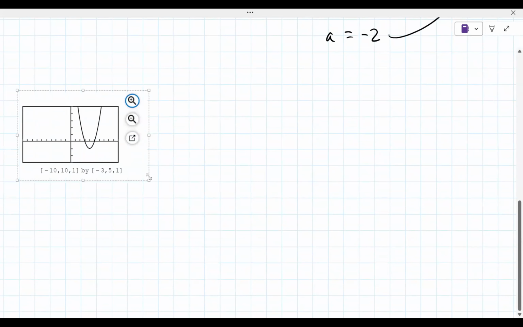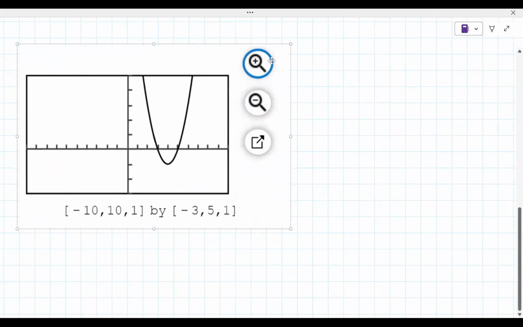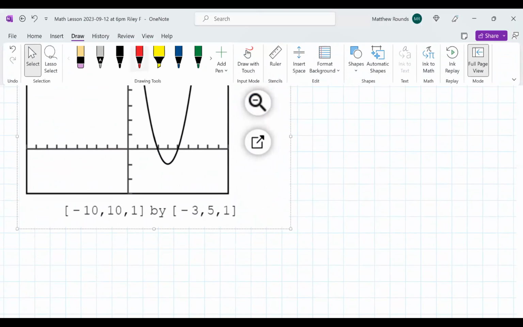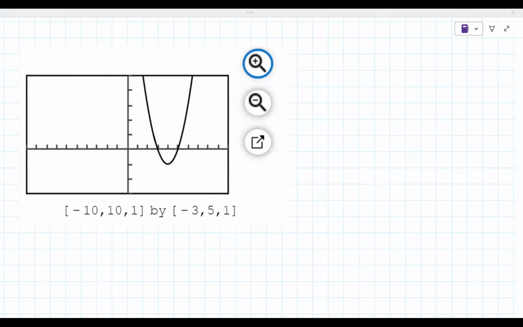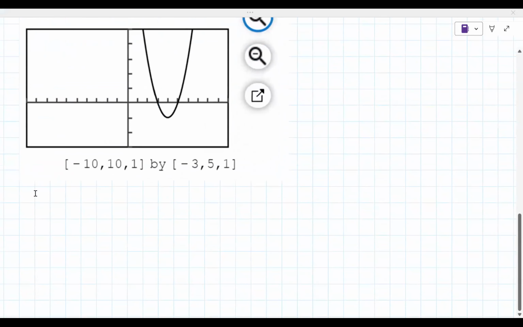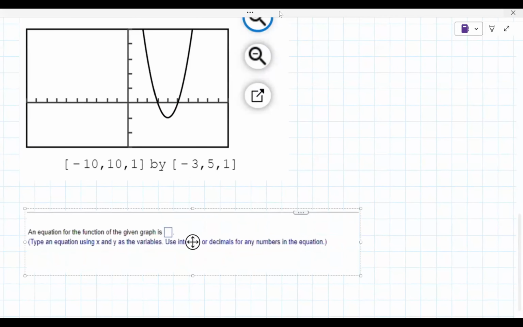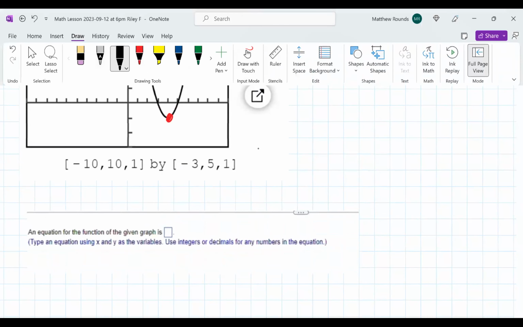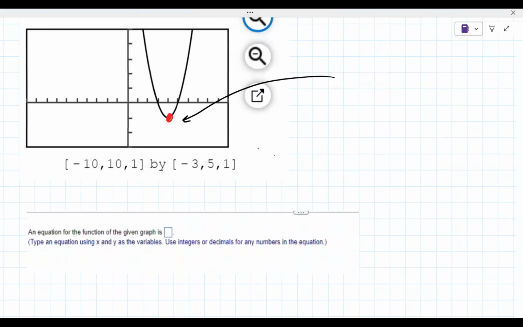All right, so the graph for the next question is given here, and the question is to write the equation. We're going to do this one really similarly to the last. Can you tell me what the vertex coordinate is there? 4, -1.